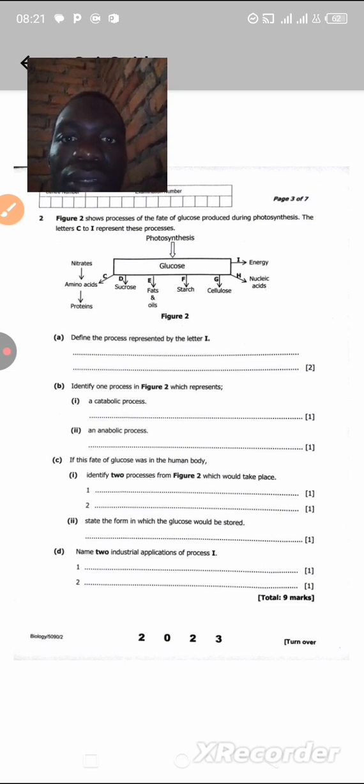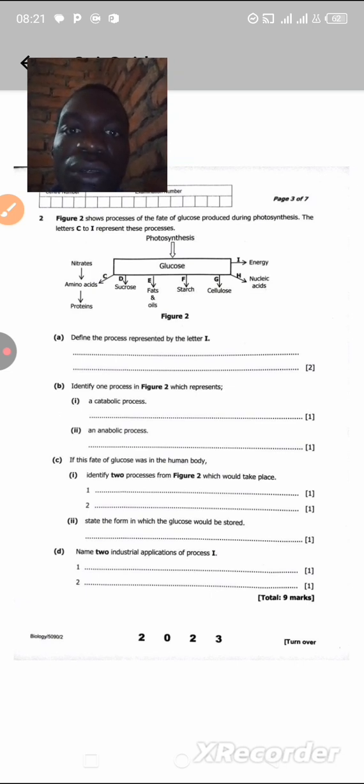Then question B2, anabolic process. All the rest of the processes are anabolic, because an anabolic process is the building up of small molecules to make one molecule. For example, process C: small amounts of glucose are put together with amino acids so that you come up with protein.